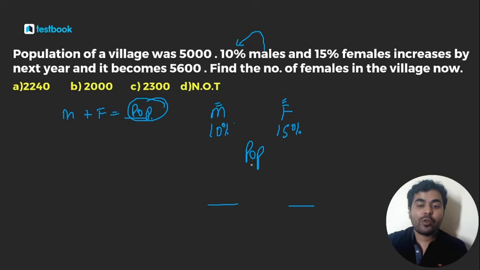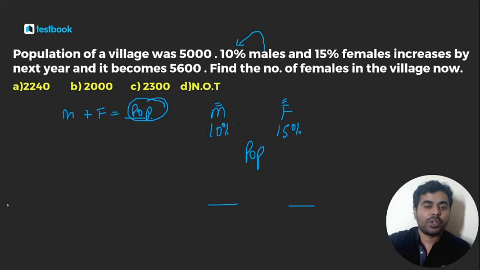So you have to put the population value on the same basis, because always remember that whenever you are using the allegation approach, all the components and the mixture should be in the same sense.